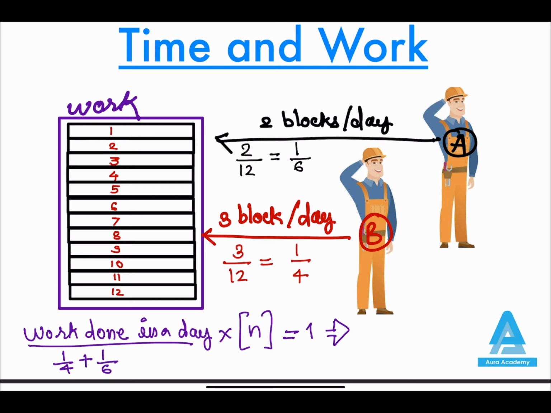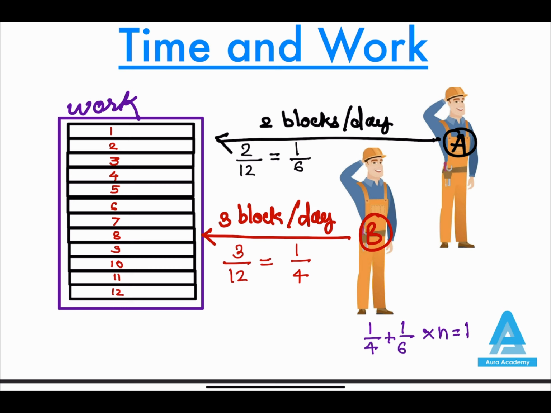So (1 by 4 plus 1 by 6) multiplied by n is equal to 1.